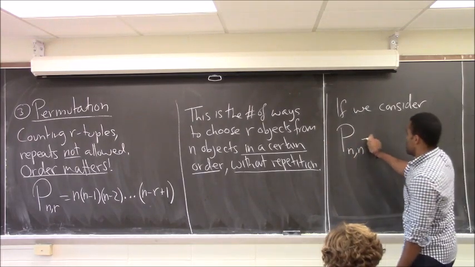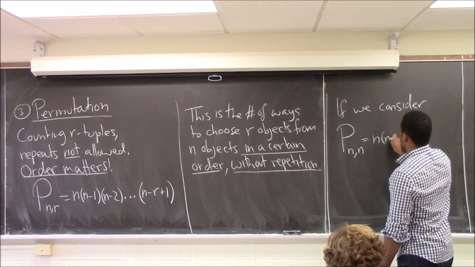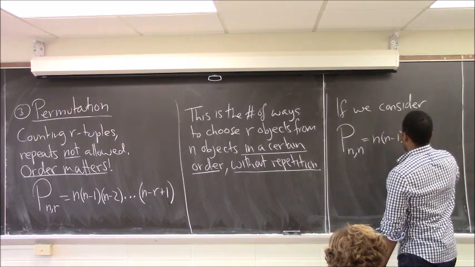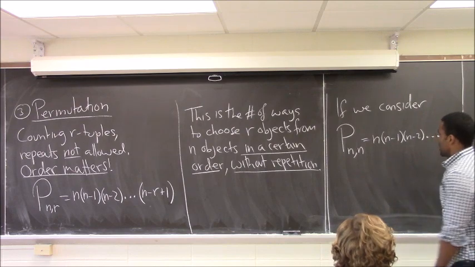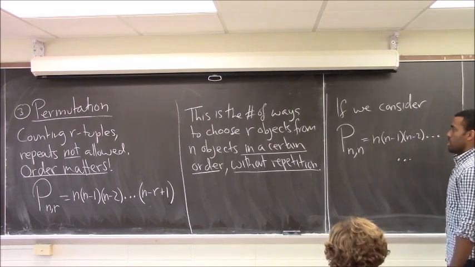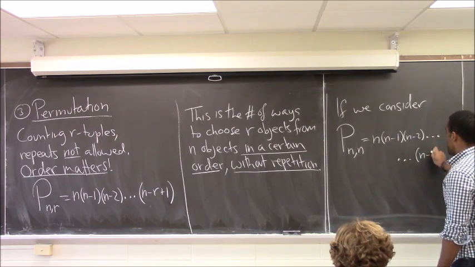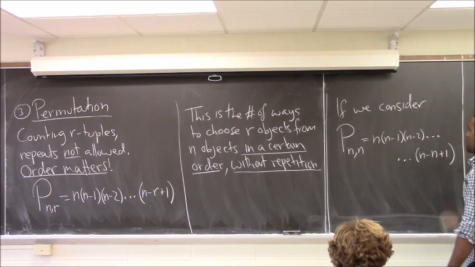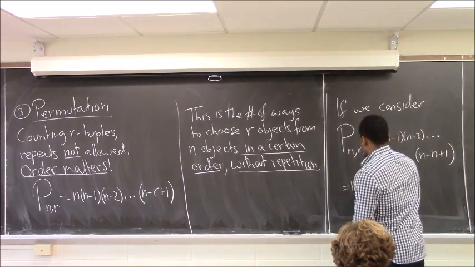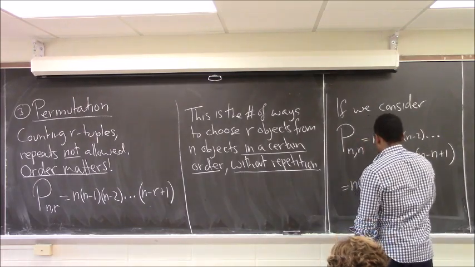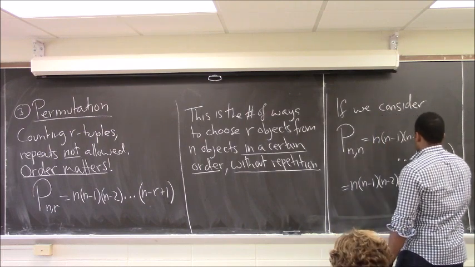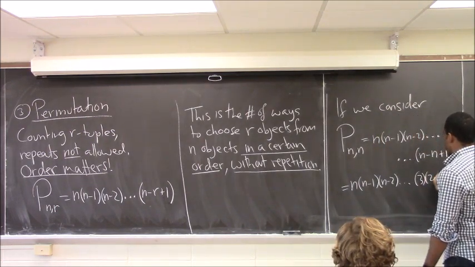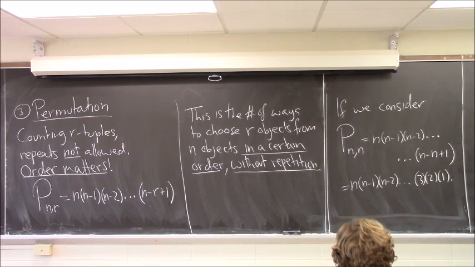That, of course, is going to be equal to n times n minus 1 times n minus 2, dot, dot, dot, all the way down to n minus n plus 1. So what we get is the product of all the numbers starting at the positive integer n, multiplying all the way down to the integer 1.